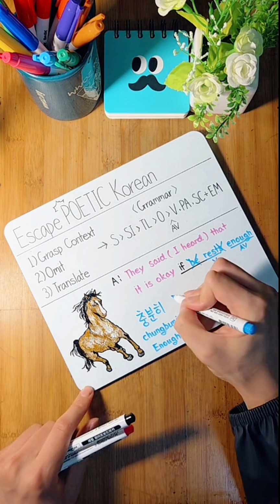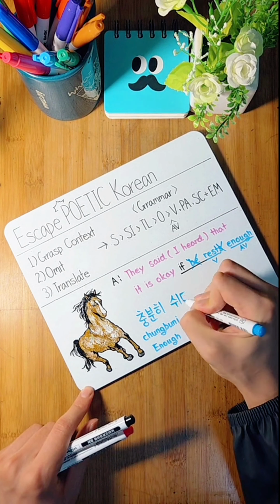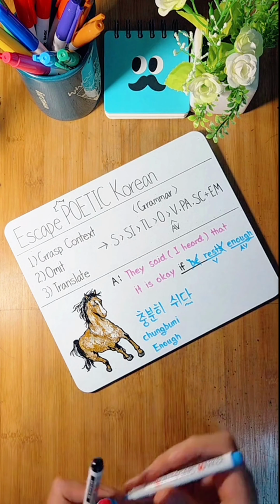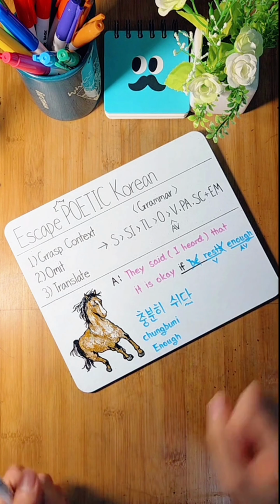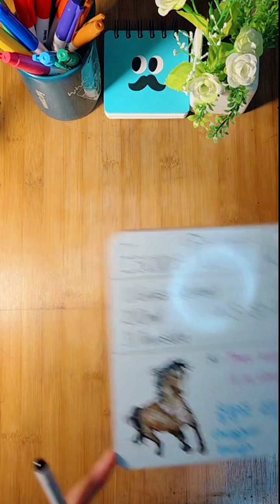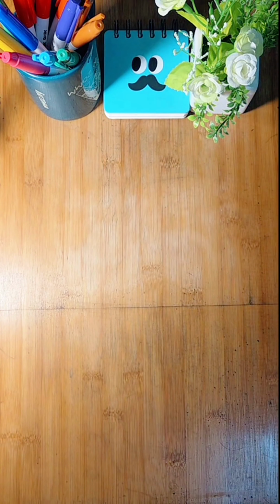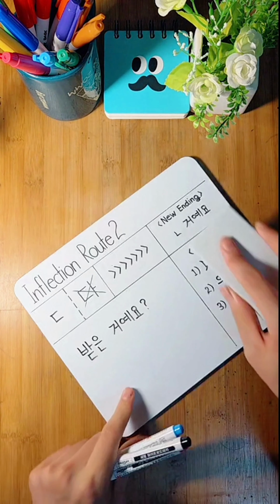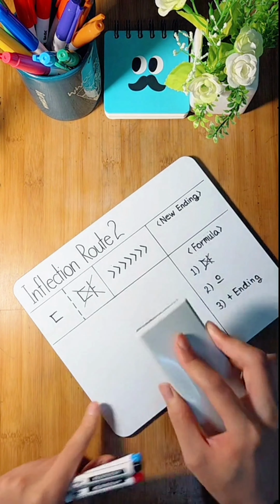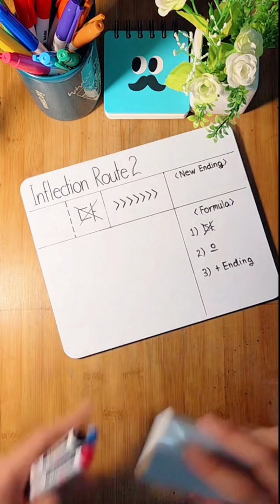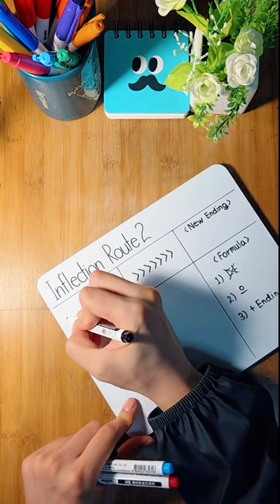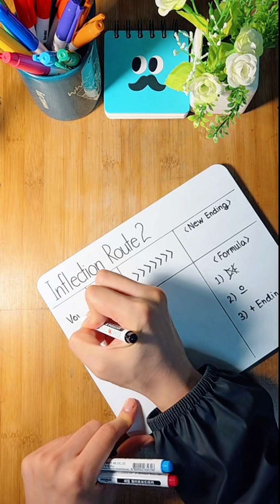And then, yes, we know the display form of the verb rest, right? 쉬다. But of course, I don't want its display form. I want the if ending that belongs to inflection route number 2. And inflection route number 2 screams free pass. So let's say 감사합니다. Thank you for the free pass.